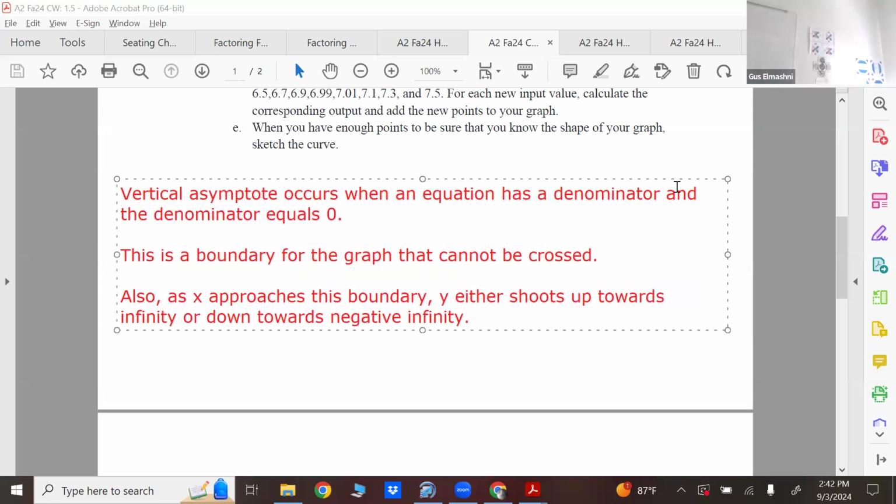So that's what happens. It occurs when an equation has a denominator and the denominator equals 0. So in this case, 4 makes it 0. It's a boundary that we cannot cross. And as x gets closer to this boundary, y will either shoot up, as we saw, or shoot down towards negative infinity.